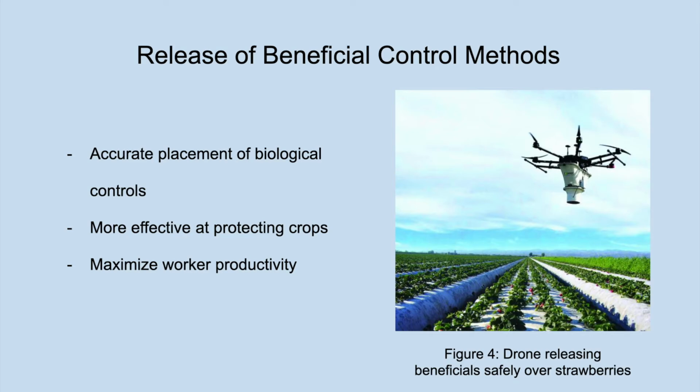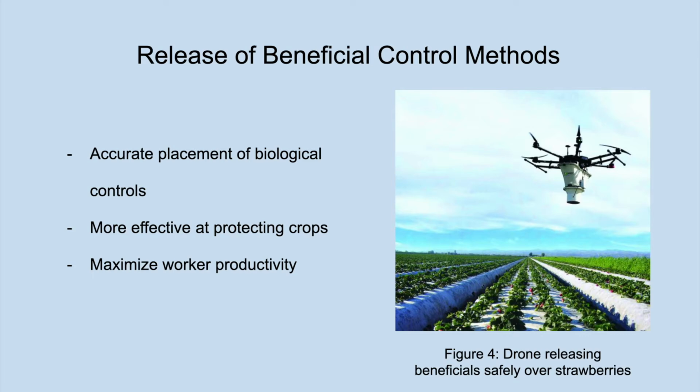The second benefit I chose is the release of beneficial control methods. They have made drones to release beneficial control methods which accurately place the beneficial insects on your crops, making sure to cover the whole thing.